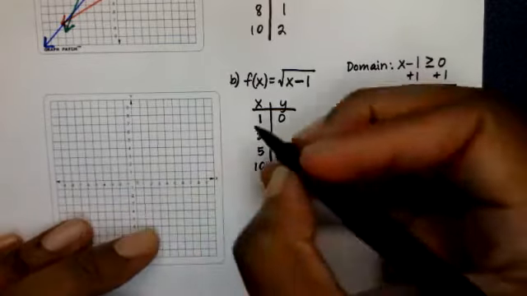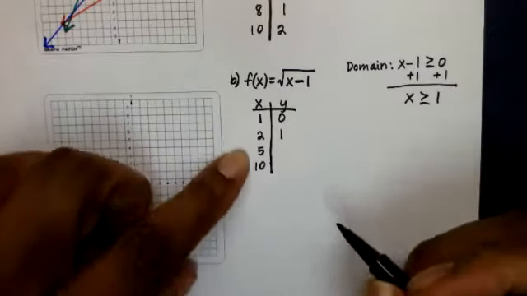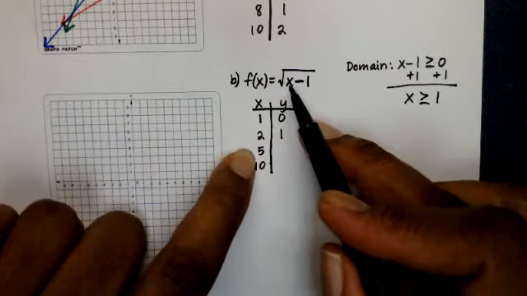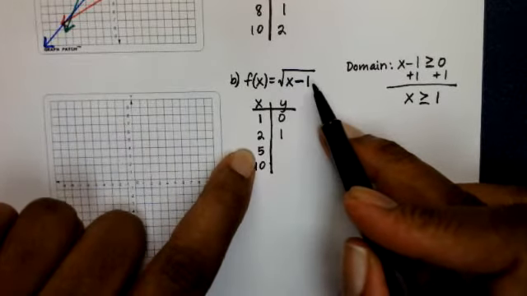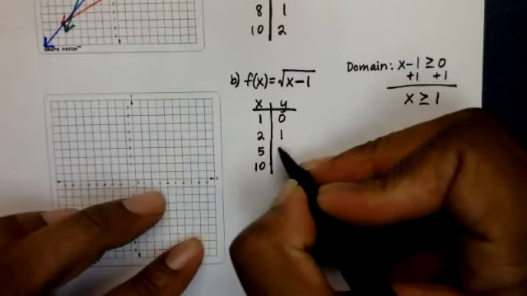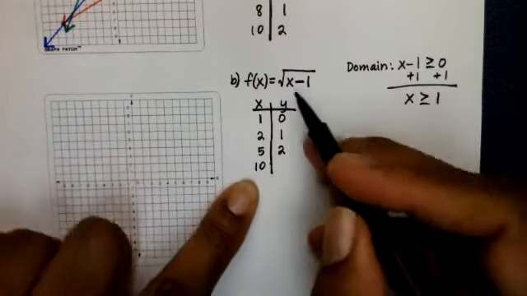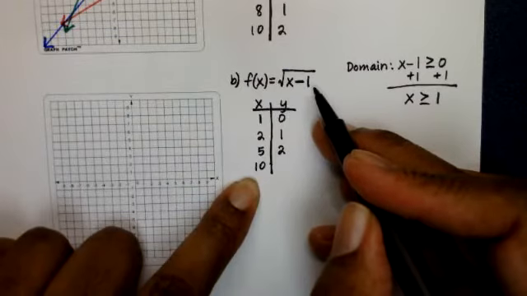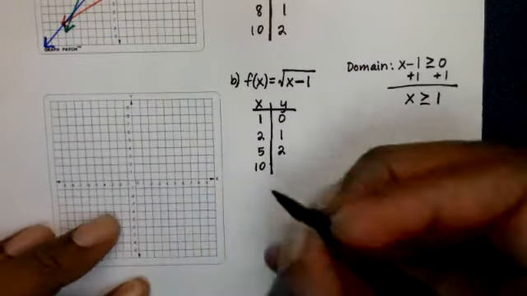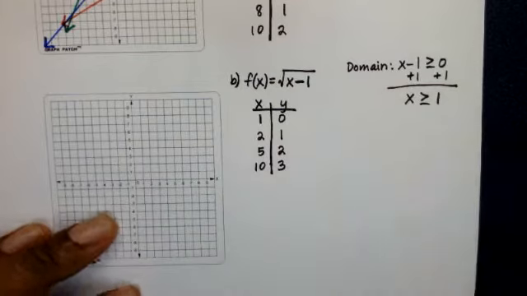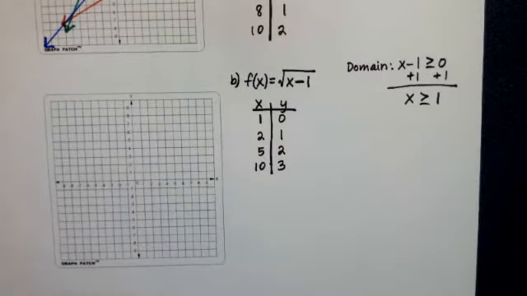The square root of 1 is 1. For 5, 5 minus 1 will be 4. The square root of 4 is 2. And then for 10, 10 minus 1 will be 9. And the square root of 9 is 3. So now you see why I chose those values for x.